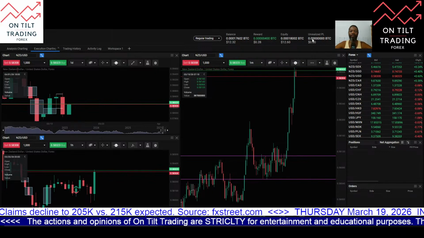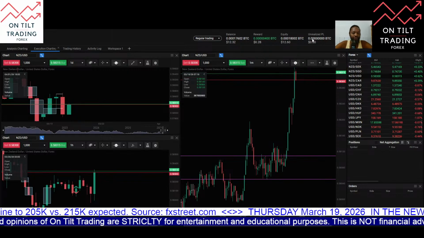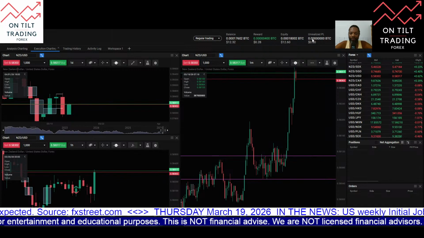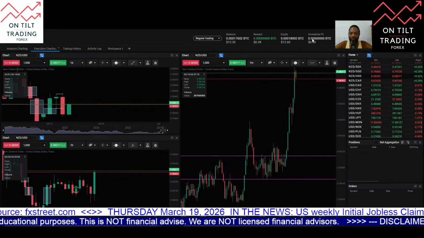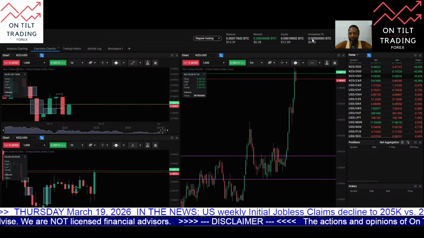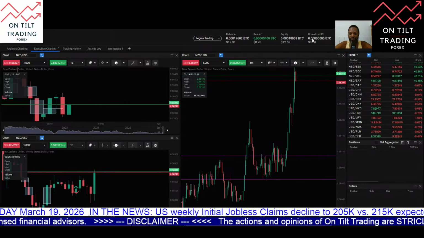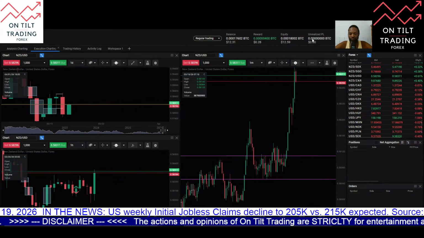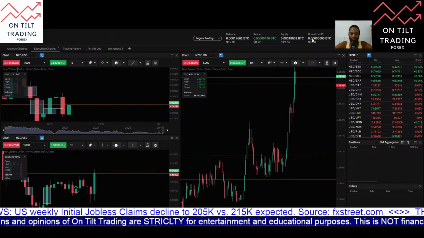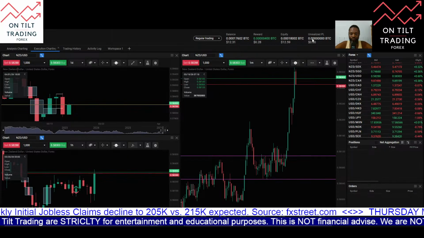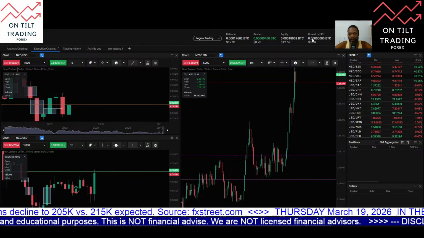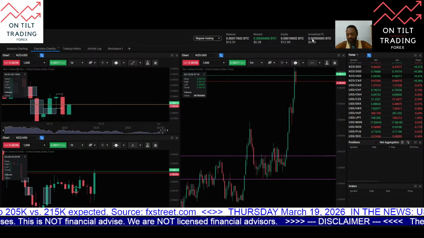Right now, Kiwi dollar pulling back into the zone of yesterday's candle, daily candle. Now seeing some sell side delivery coming in.